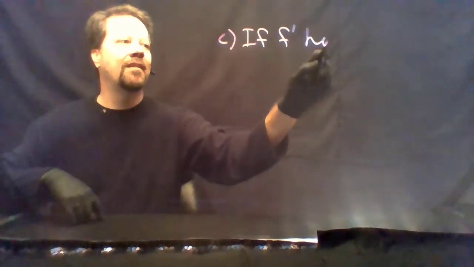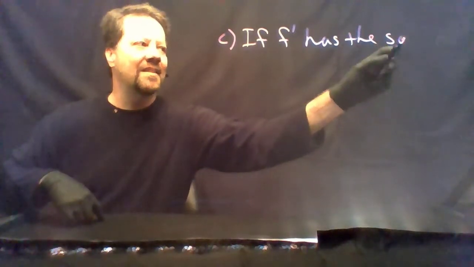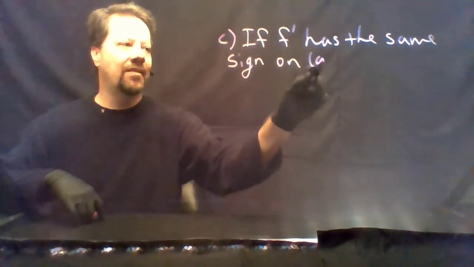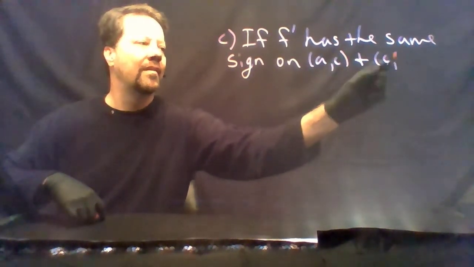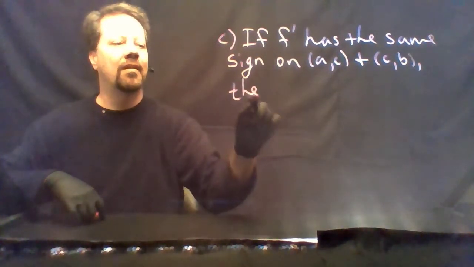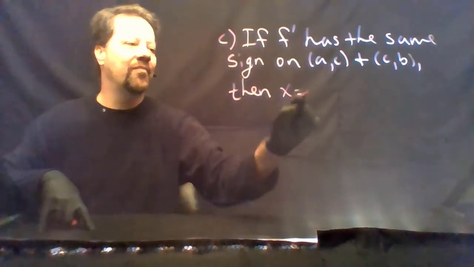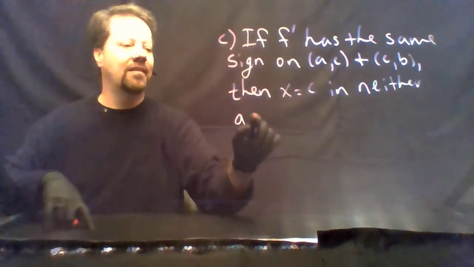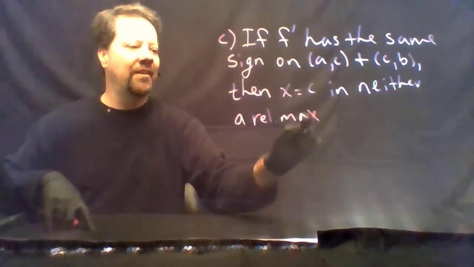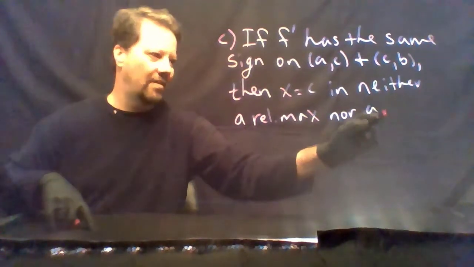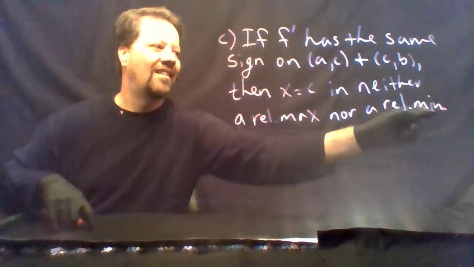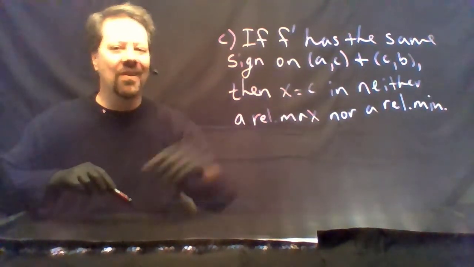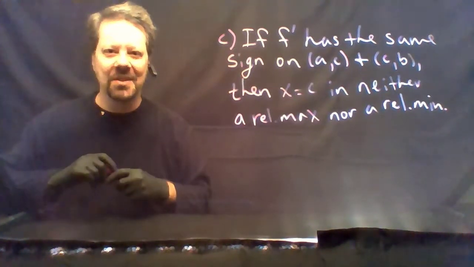If f prime has the same sign on these two intervals, then x equals c is neither a relative max nor a relative min. This gives us an excuse to use the neither-nor construct, so it's irresistible to write.